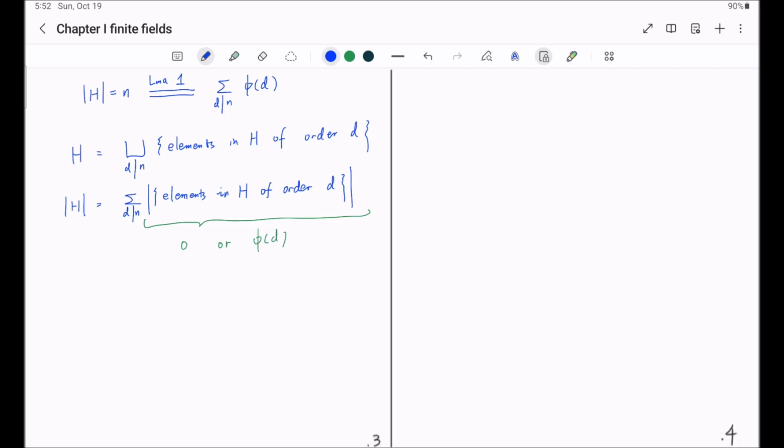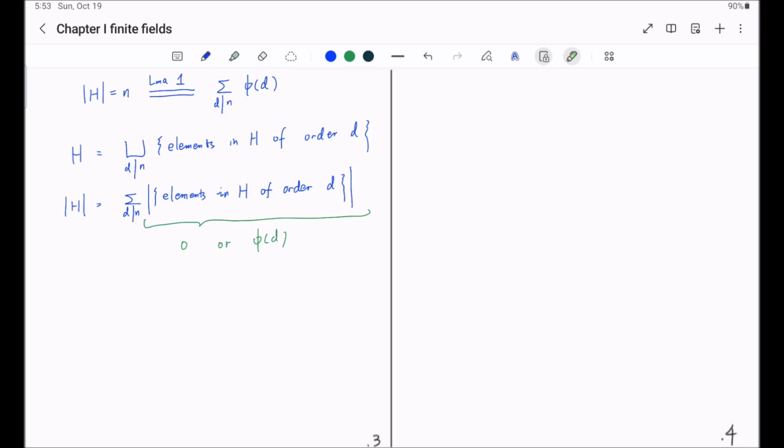And as a consequence, if we compare this guy with this guy and look at each summand, because this is always bigger or equal to this, but as a whole sum they are actually equal. What does this mean?